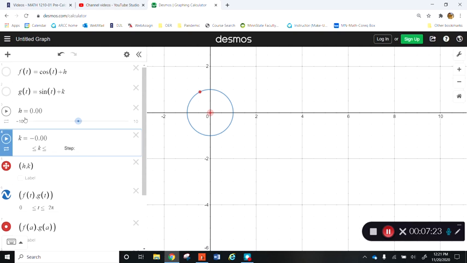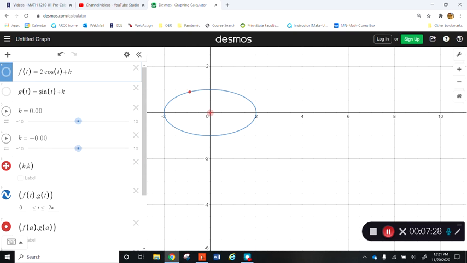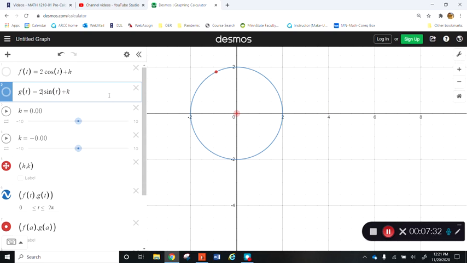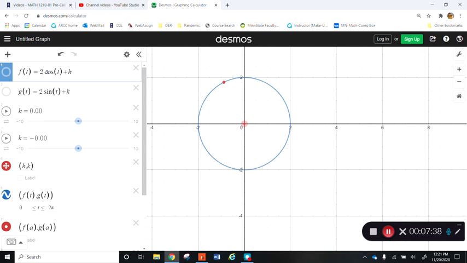Okay, there we go. Now if I want to scale it, I just multiply these by something. So say I multiply that by 2, that's going to stretch it out in the x direction by 2. If I multiply the sine of t by 2 as well, it stretches in the y direction by 2. So I'm just introducing a multiple to the cosine and the sine terms to stretch out by that factor.